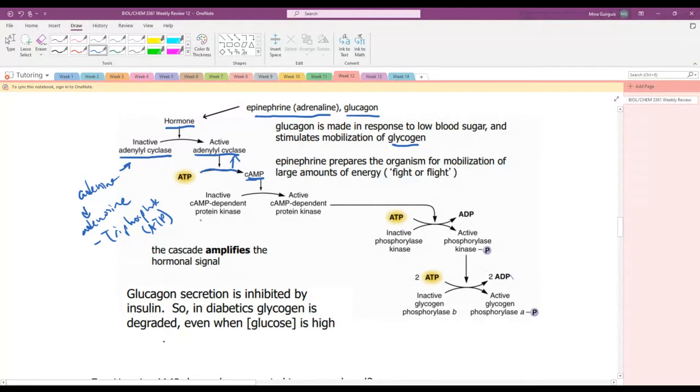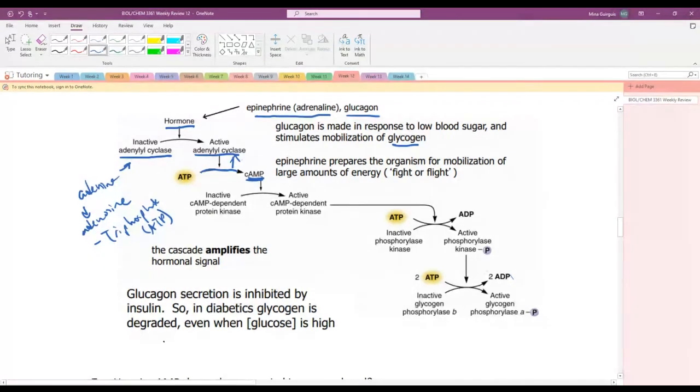So there are something-dependent protein kinases, and I say something dependent because there's very similar signaling cascades with a whole host of other hormones and a host of other eventually downstream enzymes. And so there are protein kinases that are activated or inactivated because of the presence of something.